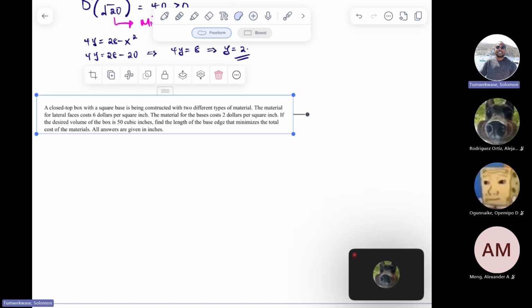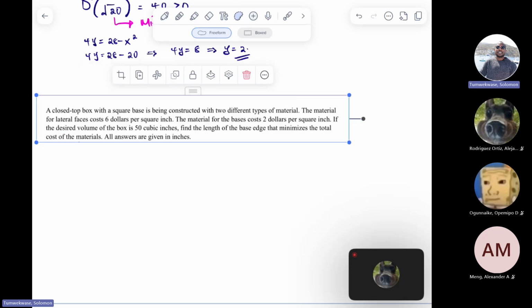Okay, so we have question 9, and question 9 says that we have a closed top box. So a closed top box with a square base is being constructed with two different types of material.